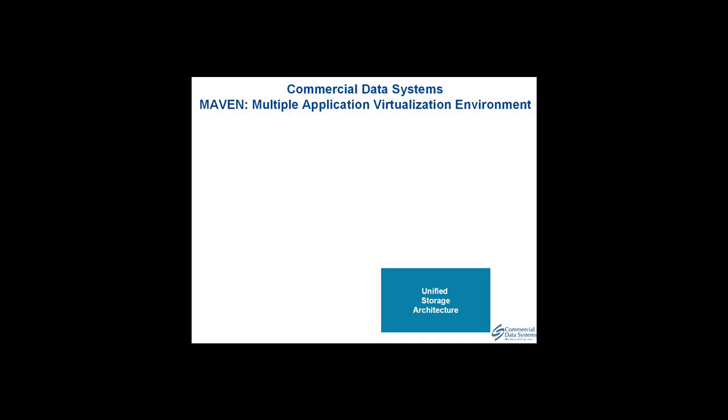With thin provisioning, I have the ability to basically put all my storage into one pool, and then I only dole that storage out as it's actually needed. By doing this, I really can double the amount of use I get out of my storage. In other words, I can drive my utilization from 40% up to closer to 80%.